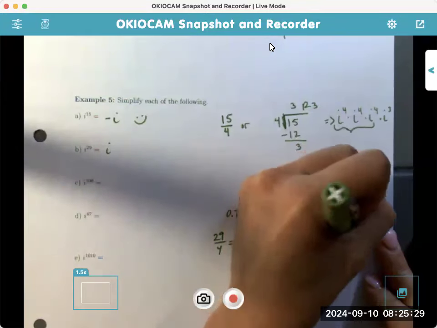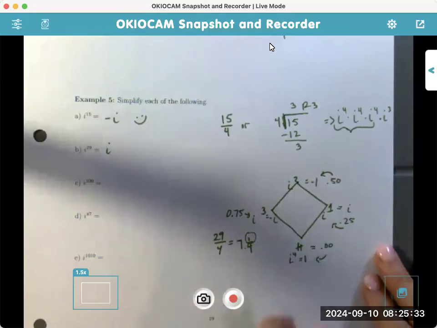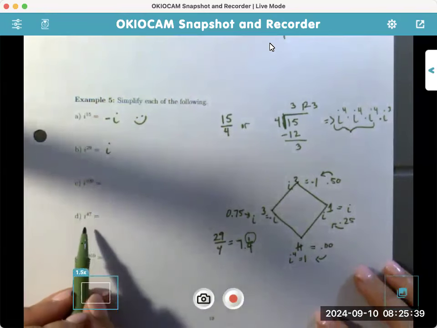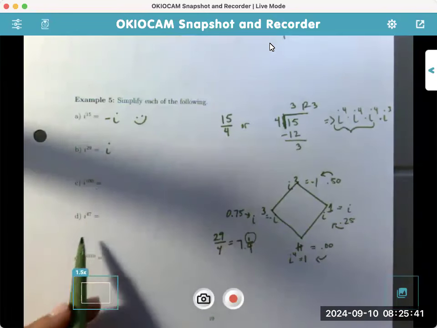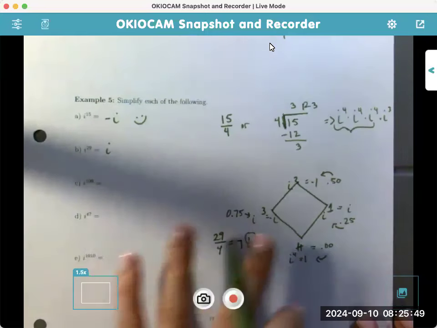And then if I have a dollar or .00, that is 1. So 100 divided by 4, and then i to the 100th, i to the 47th, i to the 1010th. I want you to try it. Any method you want. Pause the video and then come back.